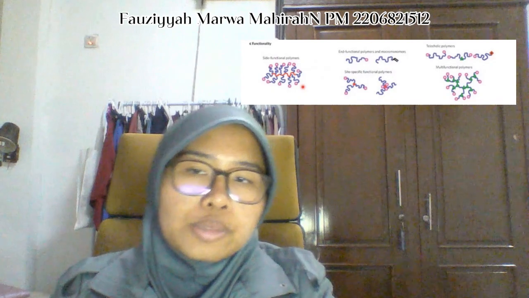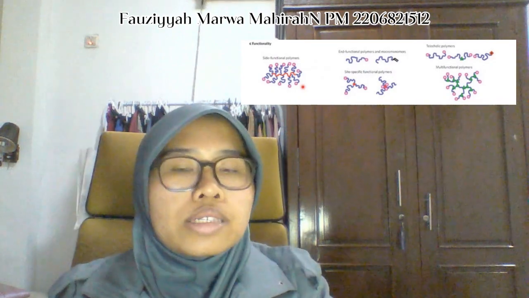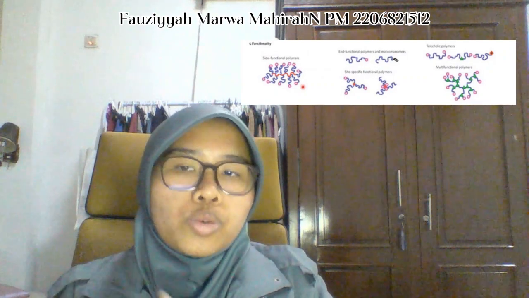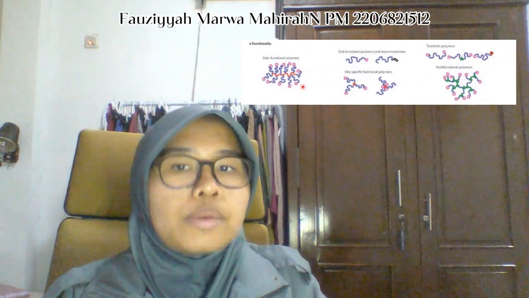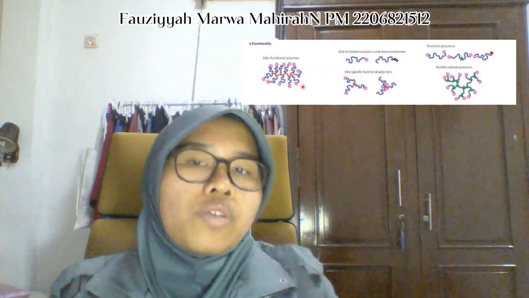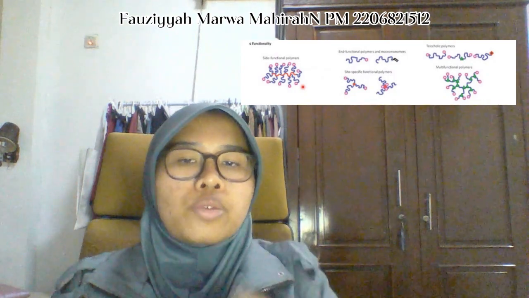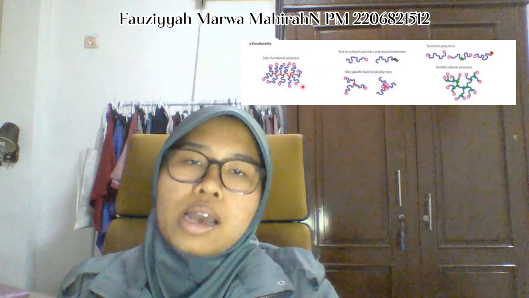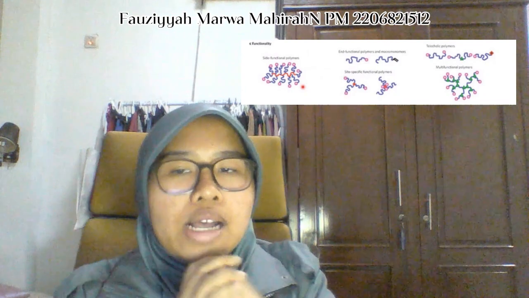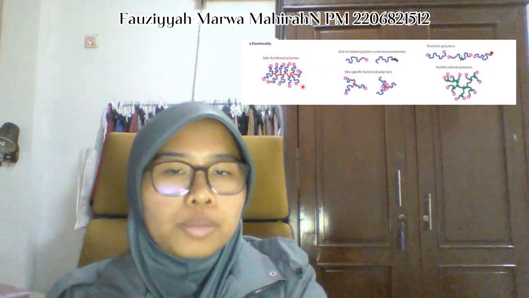Next, we have site-specific functional polymers. These are a specialized type of polymer where functional groups are strategically placed at specific locations within the polymer chains. This level of control allows for the creation of polymers with highly targeted properties and applications. Then we have telechelic functional polymers.